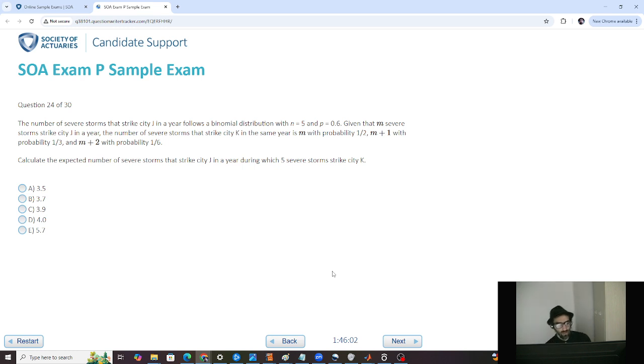Which direction is this? Five storms strike K. Okay, and it's, yeah, okay, fine.